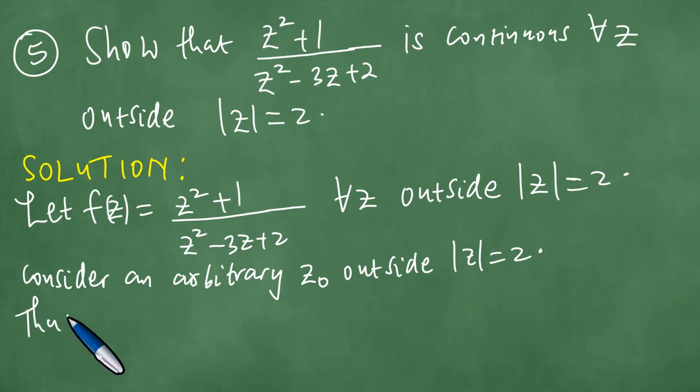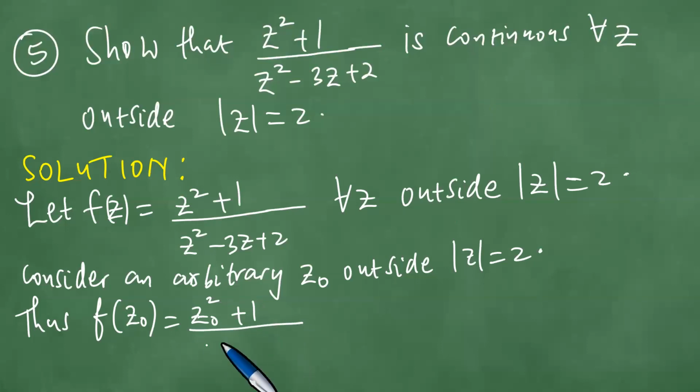Thus, the first point: we take f of z0 to be z0 squared plus 1 divided by z squared minus 3z plus 2.